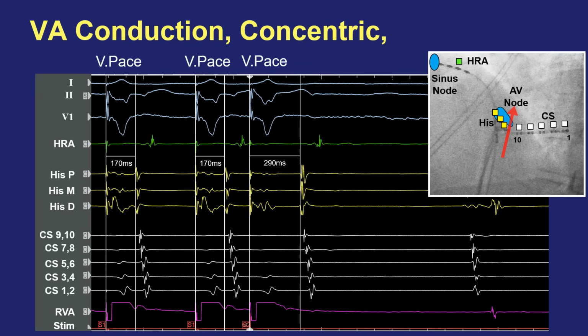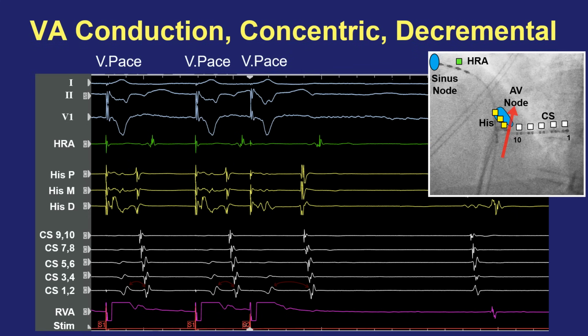That tells us that VA conduction is also decremental, which is characteristic of conduction through the AV node. So as we have done the sequential pacing maneuvers with S1s and S2s, with the S2 coming in earlier and earlier, we would have seen that the VA time got longer and longer until we reached this point, showing that in fact we're conducting retrograde up the AV node.